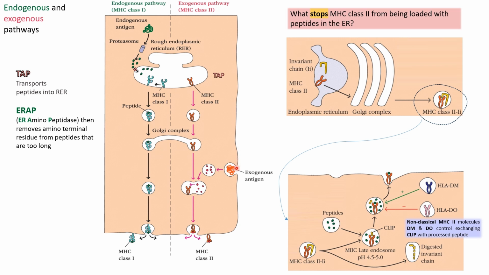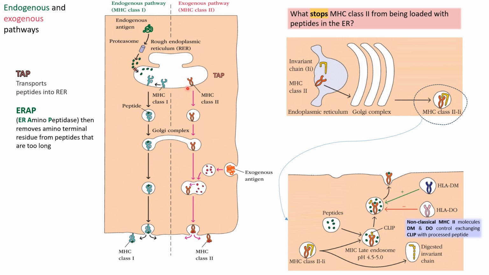But for dendritic cells or macrophages, we need to sample everything. So we have pinocytosis, endocytosis. In various ways, this cell is looking out for anything foreign and trying to pull those things in. And these join the pathway downstream of the Golgi complex.